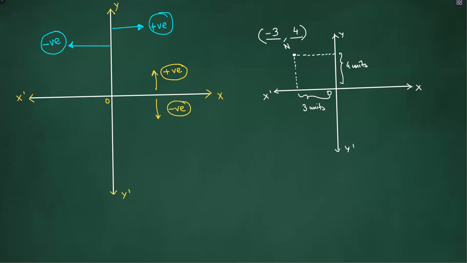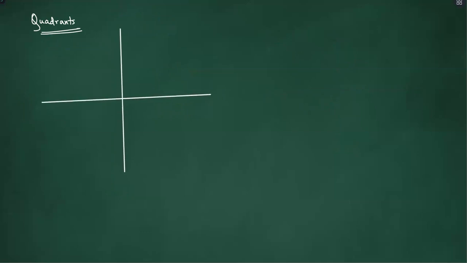Let's do some practice of this, then we will be clear about this. Let's understand the concept of quadrants. So let's say this is the x-axis, this is the y-axis. Just for the sake of it, I will mark the arrows so that there is no confusion.